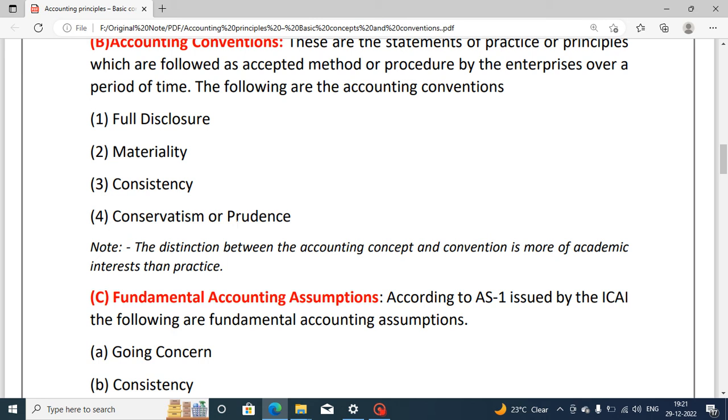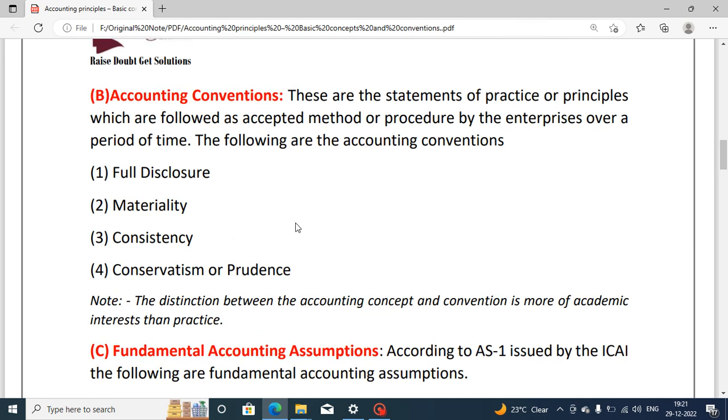Conventions means statements of practice or principles. A statement of practice means this is a tradition, which the enterprise has been maintaining over a period of time.